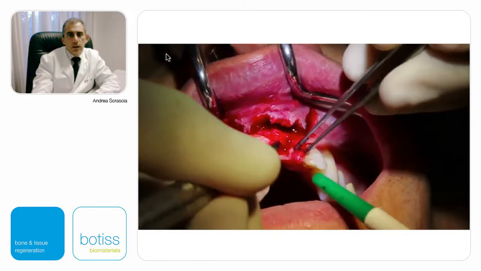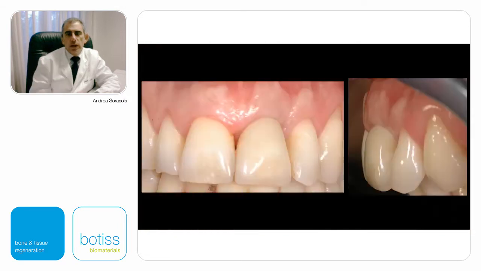Then the next one. And this is the result. Check at 24 months. And you can notice the quality of the thickness and the keratinized tissue, which allows a good harmony with the emergent profile of the implant crown.